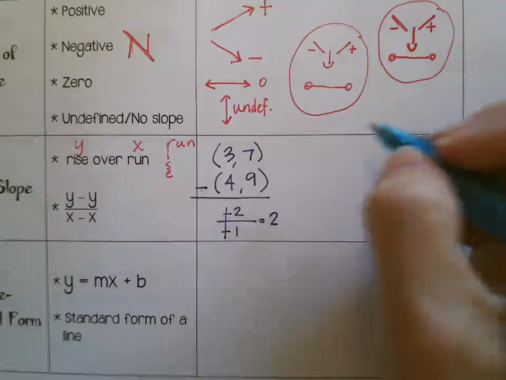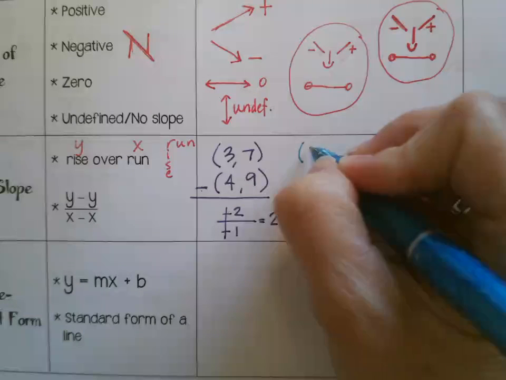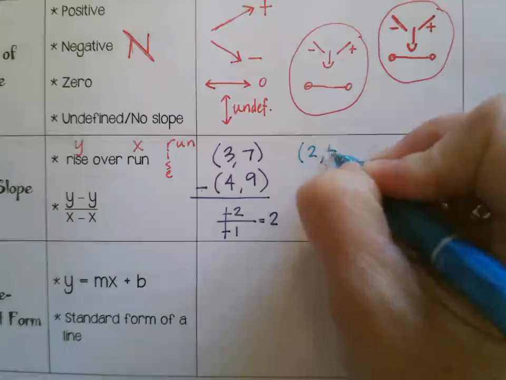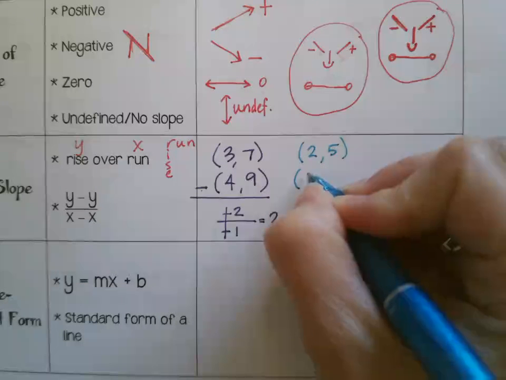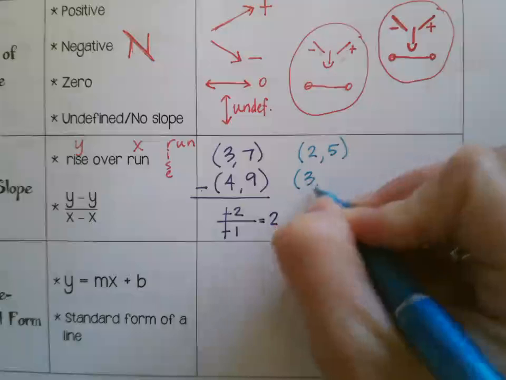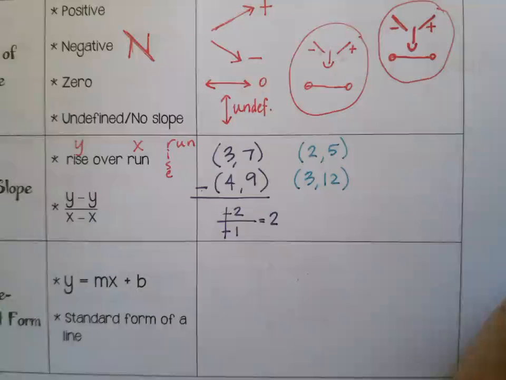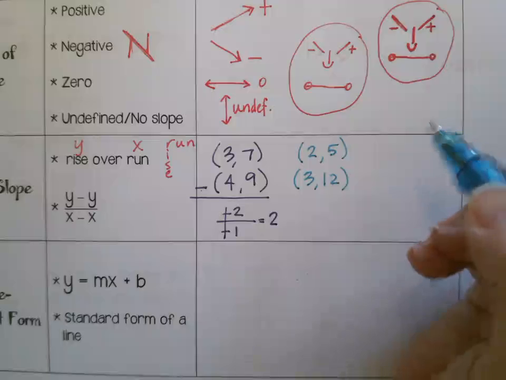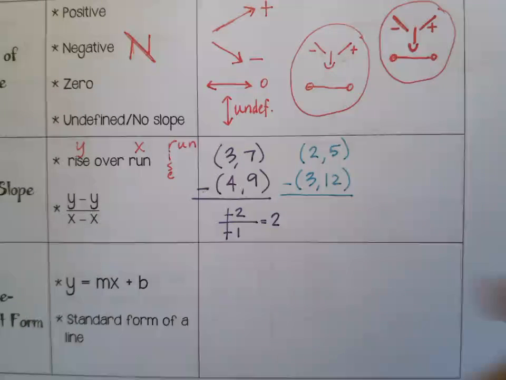All right, to give you another example, let's say that we have, how about (2, 5) and, I don't know, (3, 12). Okay? So stack them and subtract them.